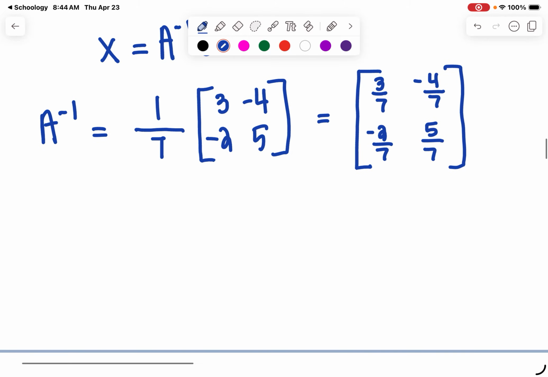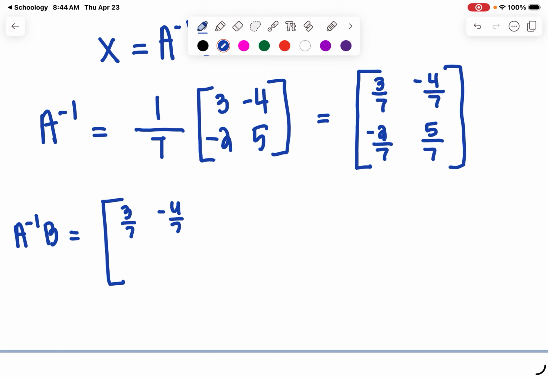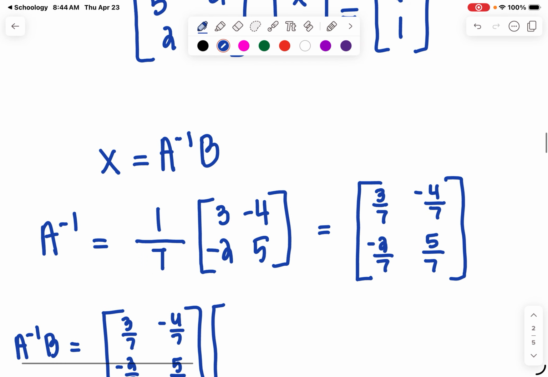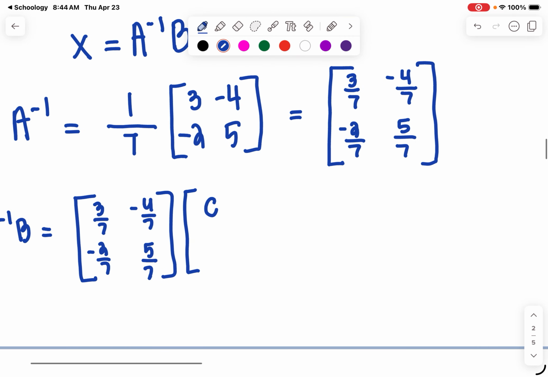So now what we're going to do is A inverse times B, and this will give us our variables. All right, so we're going to take that A inverse, 3/7, -4/7, -2/7, 5/7, and we're going to multiply it by B, and B is 6, 1. Okay, and now we are going to multiply these two.